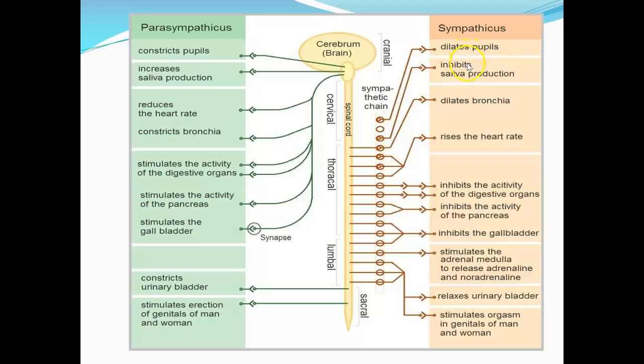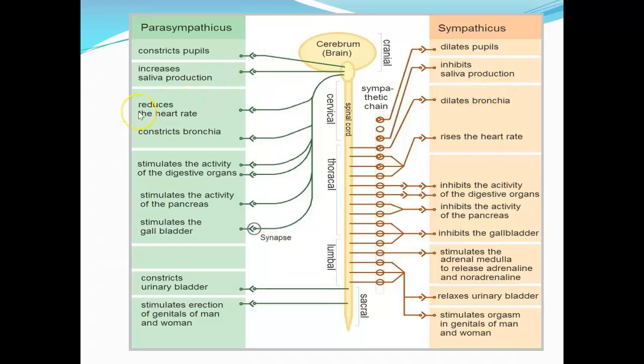The sympathetic nervous system does the opposite. So we see that the sympathetic nervous system inhibits saliva production, slows down movement in the digestive tract, stops or decreases secretion from the pancreas, and also inhibits secretion of bile from the gallbladder.